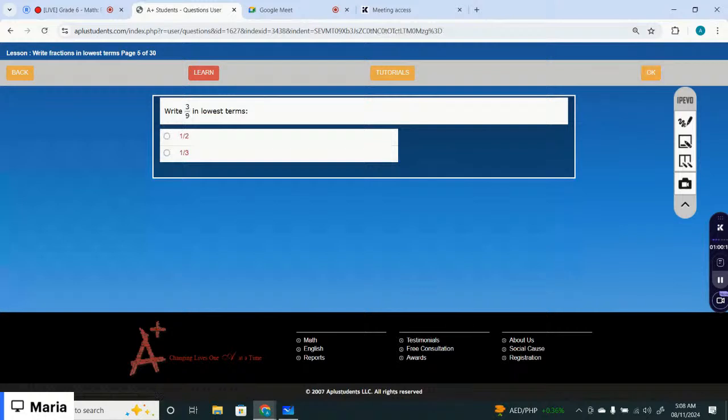Okay, write 3 by 9 in lowest terms. So which is the correct option? How do you write?